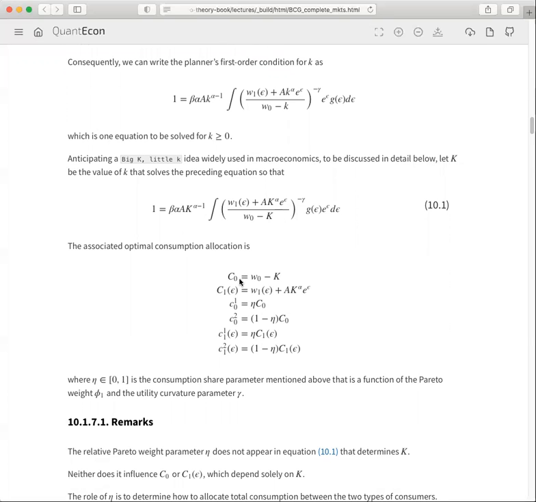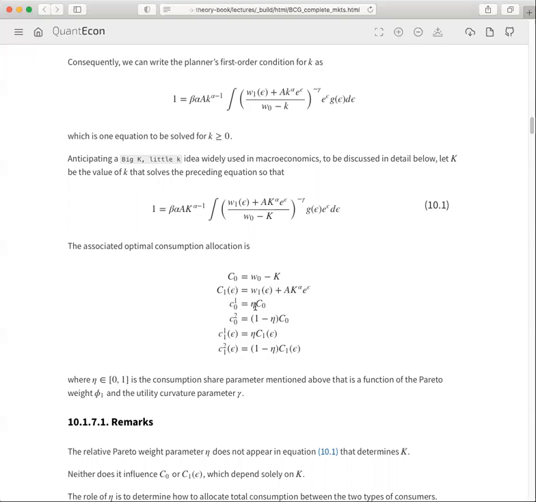Once I have big K, I know first period aggregate consumption, big C. Then once I know K and the second period endowment, and I know this random shock, I know for every value of the random shock what second period aggregate consumption is.